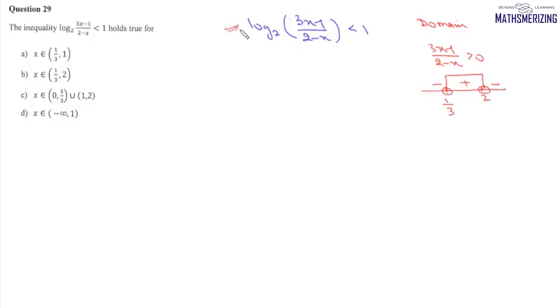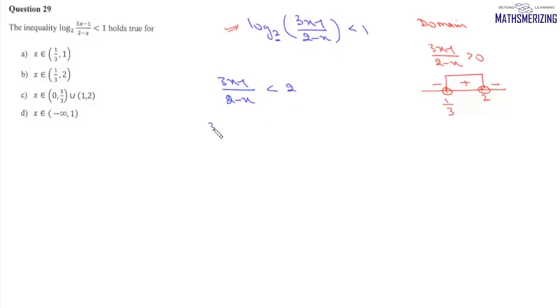Now we'll solve this inequality using antilog. Since the base of this log is greater than 1, we know that it is an increasing function. So we'll take antilog, and the sign of inequality won't change. So we can write 3x minus 1 upon 2 minus x is less than 2 to the power 1, which is 2.